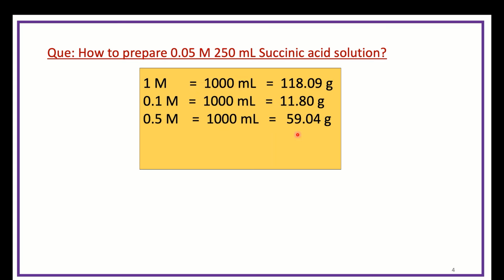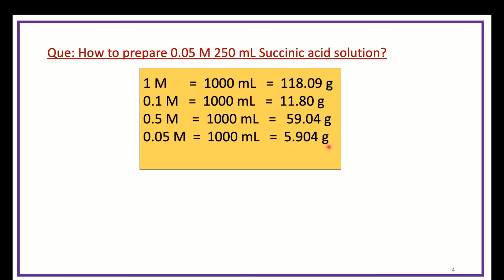Our question is how many grams we require to prepare 0.05 molar. You can do it directly also, but if we go step by step initially, there are fewer chances of mistakes in the calculations. Otherwise, after the first step, you can go directly for 0.05 molar and 250 ml. So 0.05 molar will require 5.904 grams of succinic acid in 1 liter.